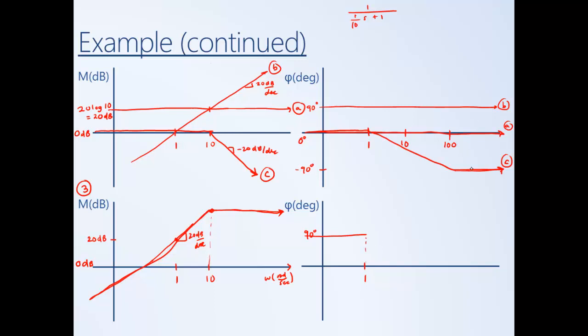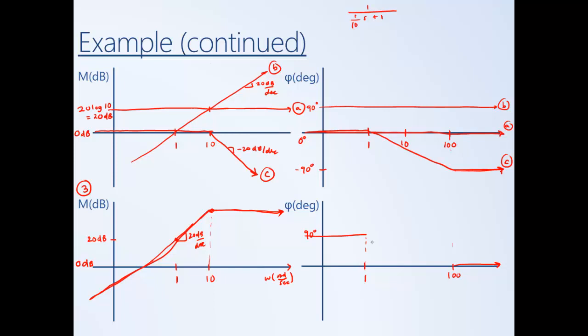At high frequencies above 100, everything's flat. So we have one component at plus 90 degrees, one component with a phase of 0 degrees, and one component with a phase of minus 90. So 90 plus 0 plus minus 90 equals 0.